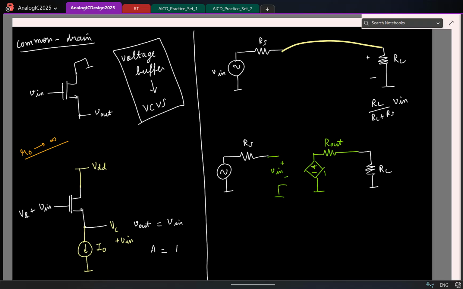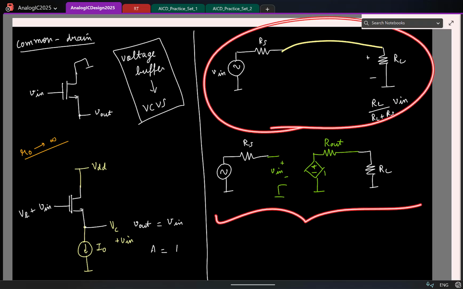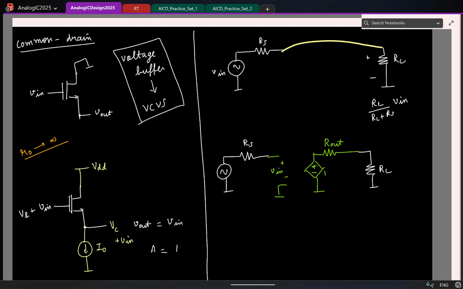So in this particular example, how small should R out be, so that doing this is better than doing this? I know R out should be small. My question is, relative to what should R out be smaller? RS or RL? There are only two resistances. RL? Why? I'm saying compared to this, if this should be better, what should the comparison be? Here, what is the output voltage I get?